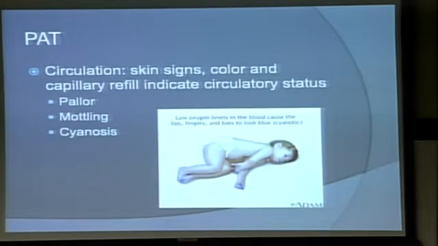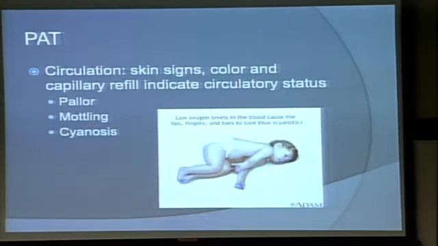Then the circulation. What does their skin look like? What's the color? Are they having normal capillary refill? You should check the capillary refill on any child who looks sick. Do they have pallor? Is there mottling of the skin? Mottling is normal in the immediate newborn period because the nervous system of their skin is just not established well yet.